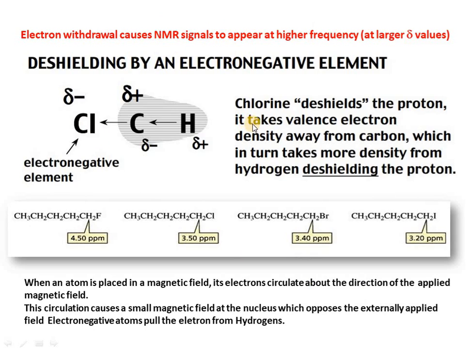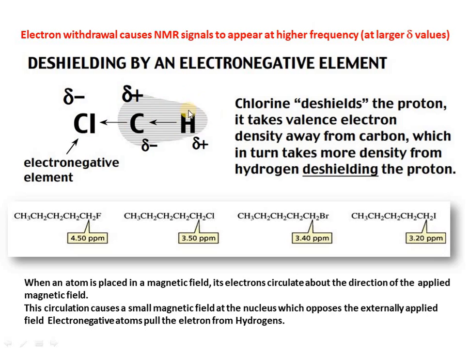So if we take up an example of electron withdrawing groups, like if a chlorine atom is present, it will de-shield the proton. The electrons around the proton will be shifted towards this carbon, and these in turn are withdrawn by chlorine.